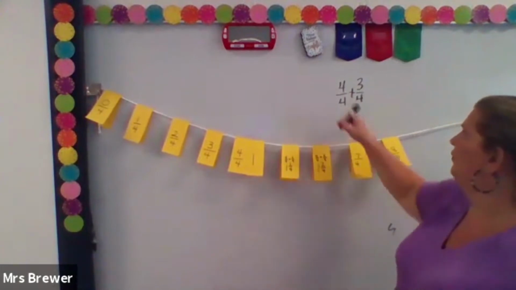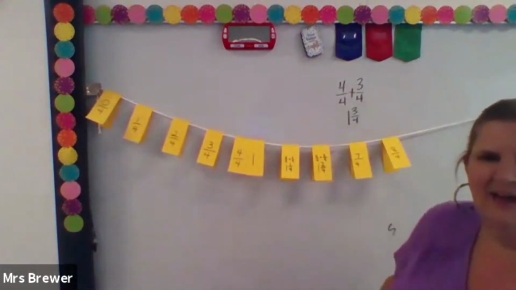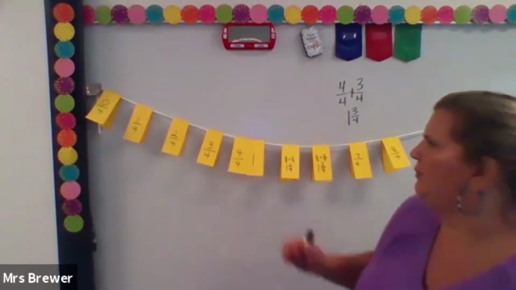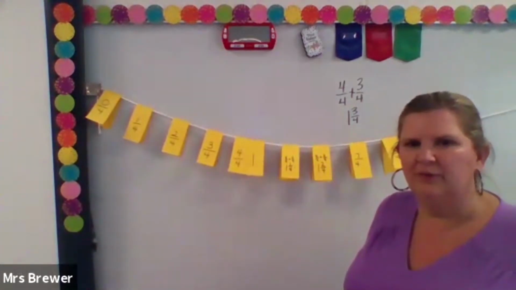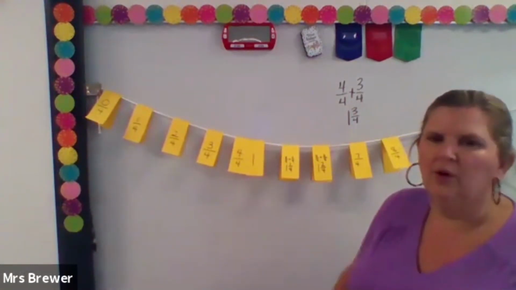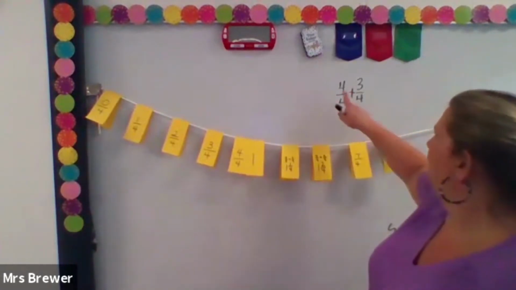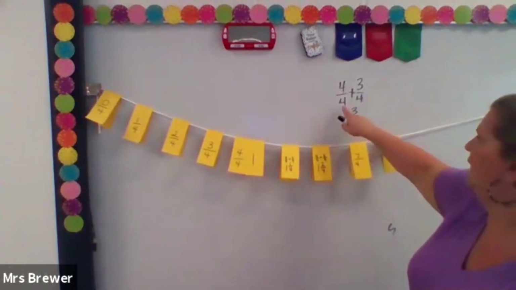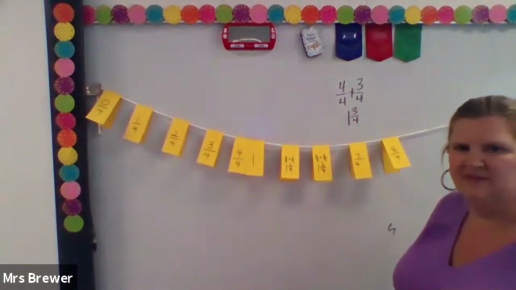And we also know when you add fractions, boys and girls, you only add the numerator. The denominator stays the same. Because did we ever change how many pieces each whole got broken into? No, they were always broken into 4 pieces each time. So the 4 plus 3 would be 7. And I know each whole is divided into 4 pieces.